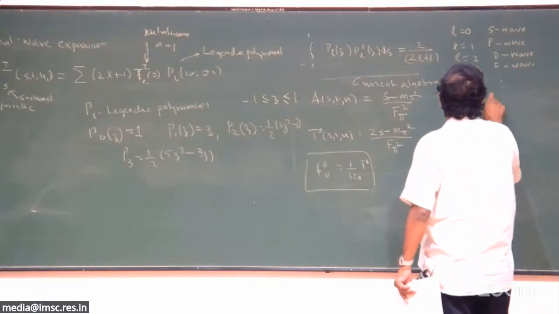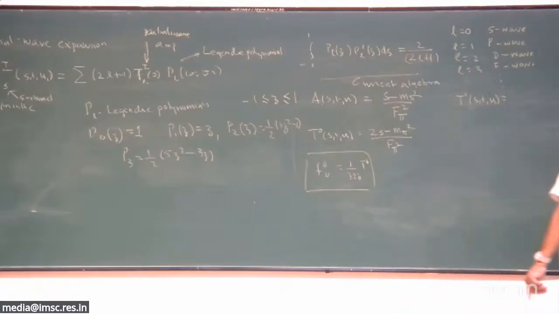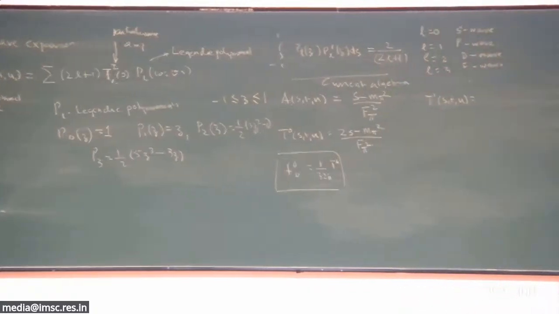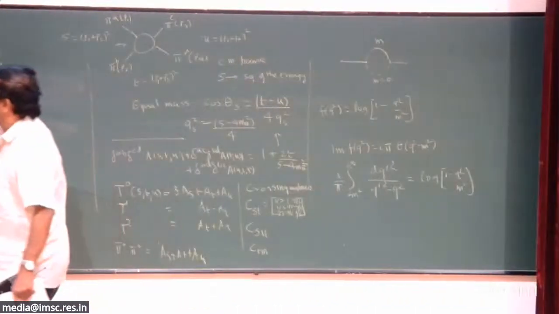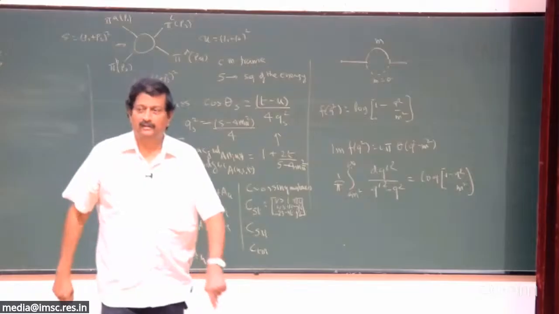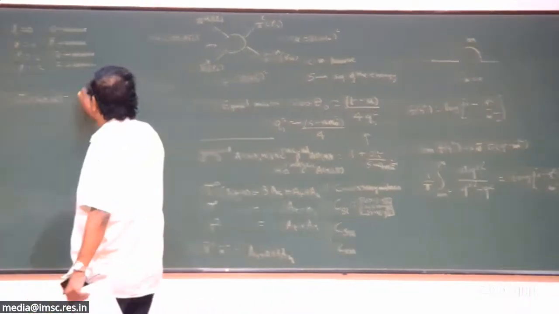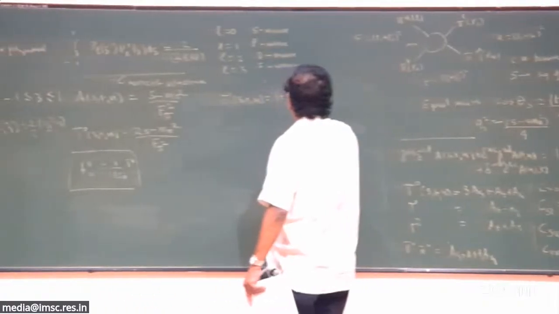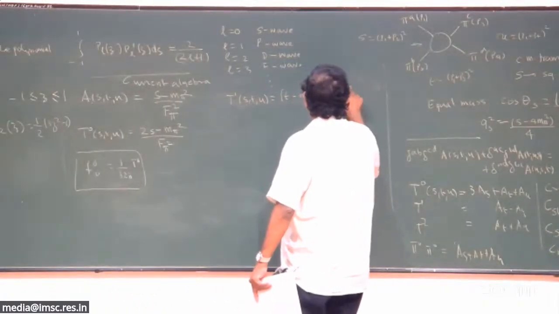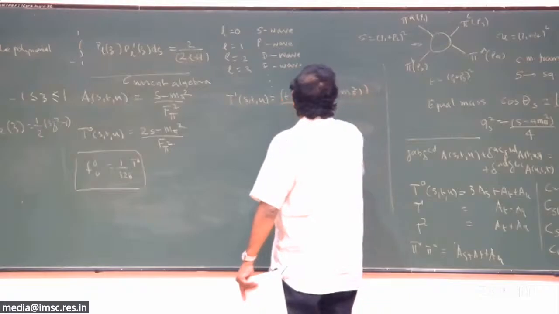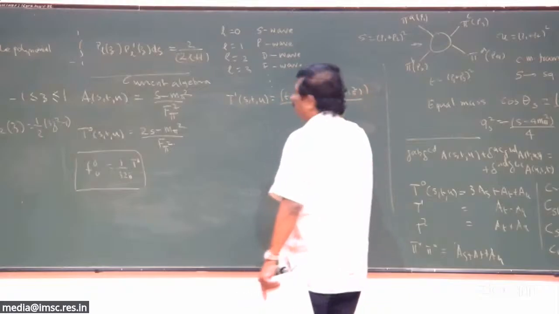Any volunteers? We're going to look at this blackboard over here. AT minus AU. You have to construct from this. Lofty is going to tell me what it is. It's just T minus M pi squared minus U minus M pi squared divided by F pi squared, right?